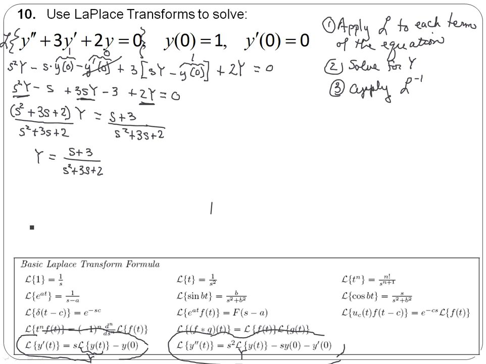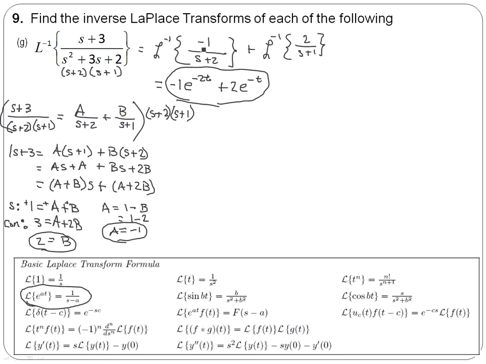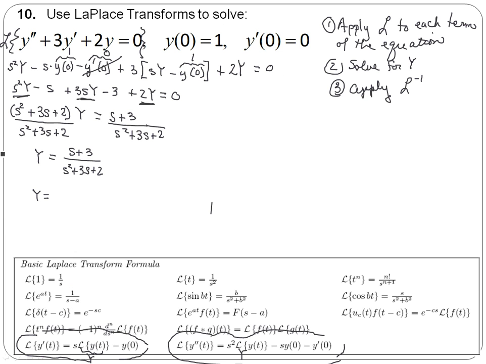And so I'm going to take that Y and I'm going to break this s plus 3 over s squared plus 3s plus 2 up into negative 1 over s plus 2 times 2 over s plus 1, and then I'm going to apply the inverse Laplace to each term.